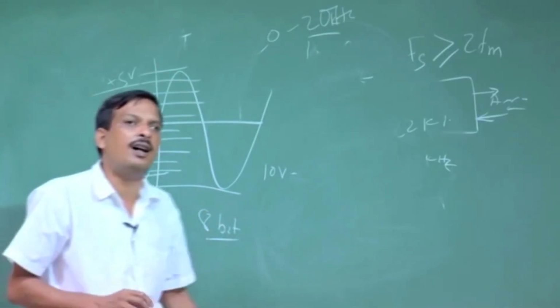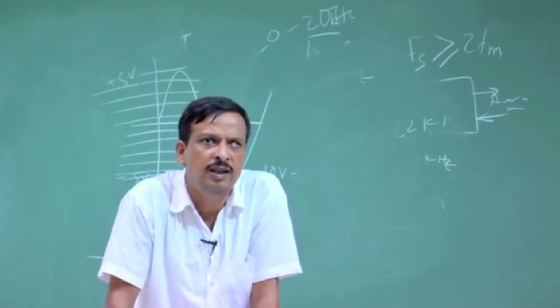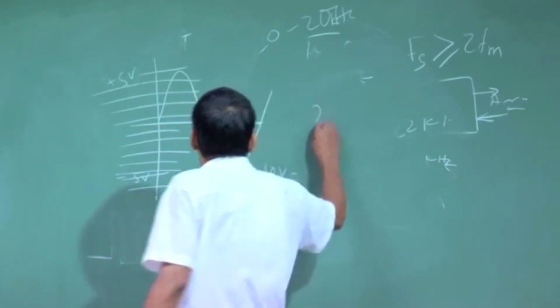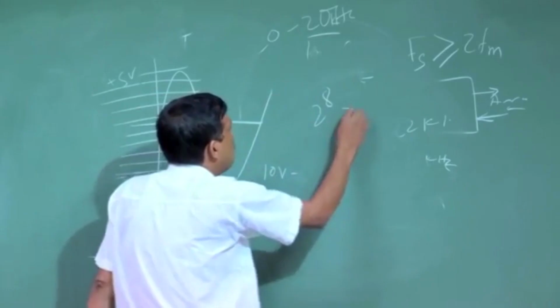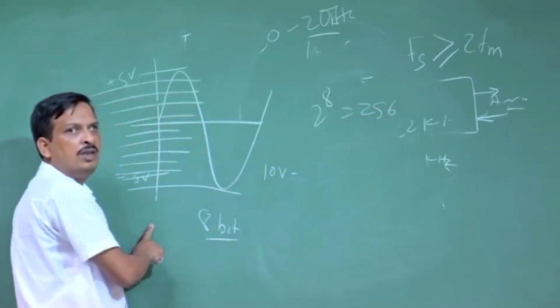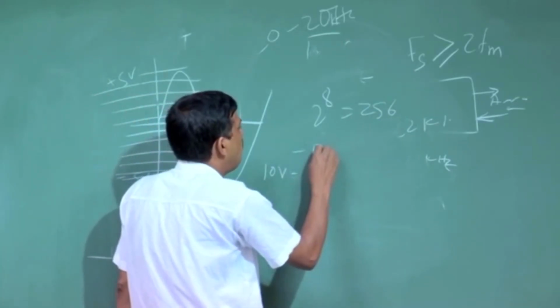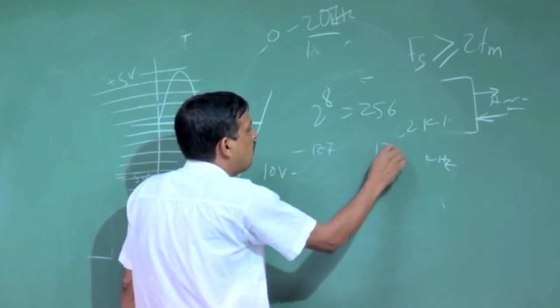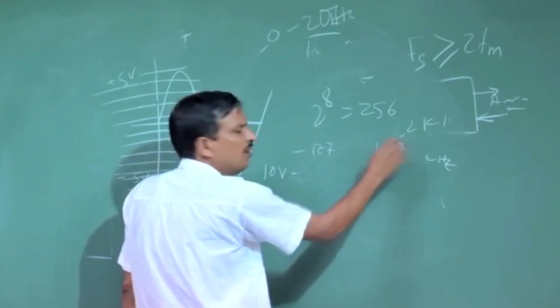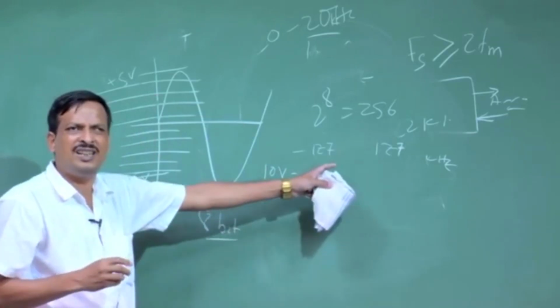So, what is the highest value of 2 to the power 8? An 8 bit number means the integer value is 2 to the power 8, which is 256. If it is negative and positive, 1 bit goes for sign. So, it is minus 127 to plus 127, or including 0 it will be 128. So, I am not going into that part.